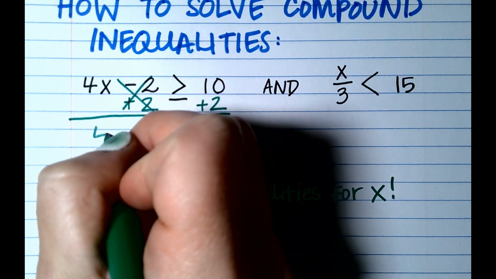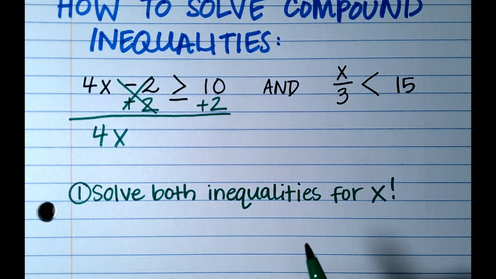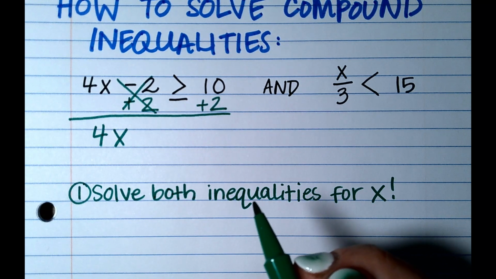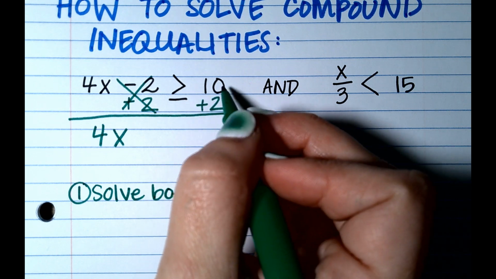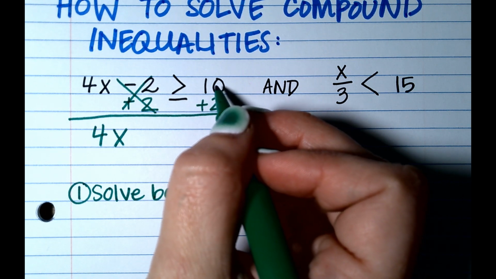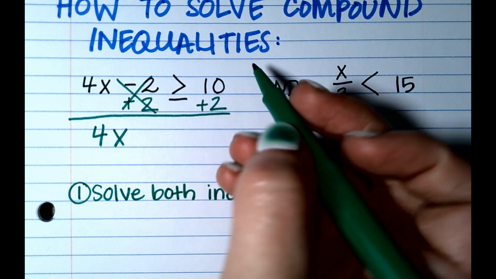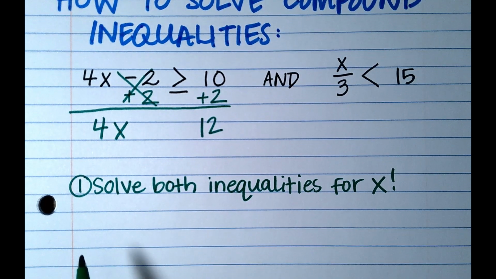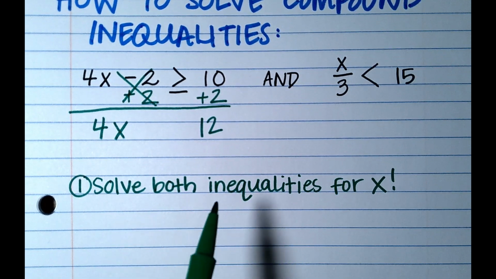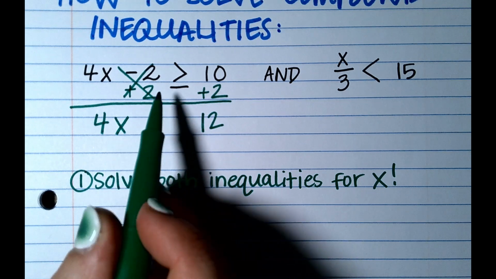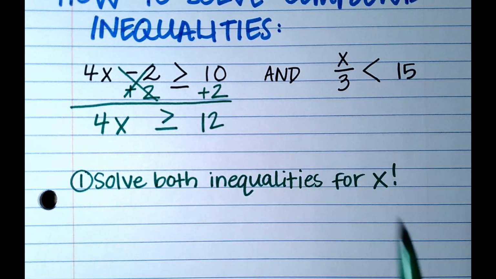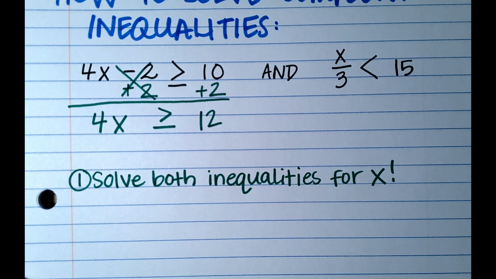Bring down 4x. Then what? 12, perfect. And what else? Yes, bring down the greater than or equal to sign. Good, good. Okay, what do I do next?